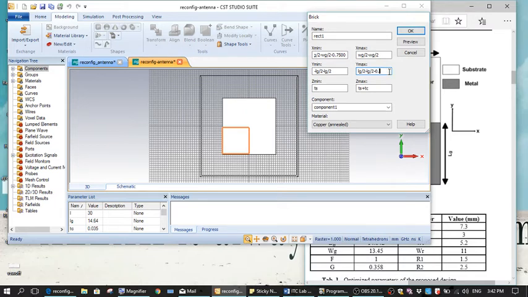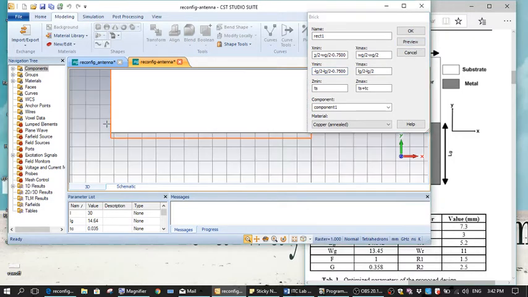Let's erase this and paste it here. Now it's working because this is Y negative. So it's taken a huge difference.